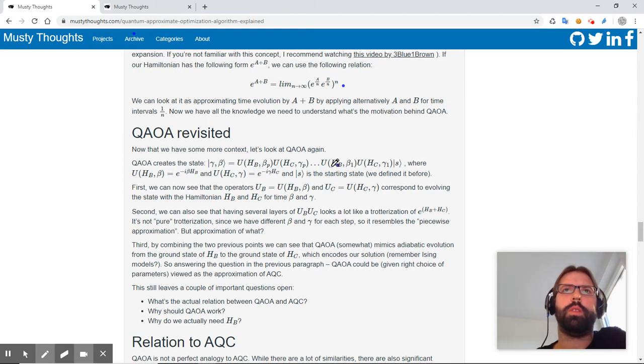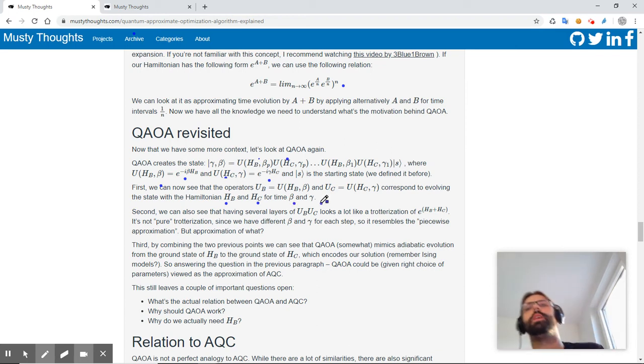So do we have some context here again? Q creates a state. So that's the approximation where this has this form and this has this form. These states correspond to evolving the state with a Hamiltonian HB and HC for time beta, and they just happen to be translated to angles probably because that's the way you can parameterize gates.